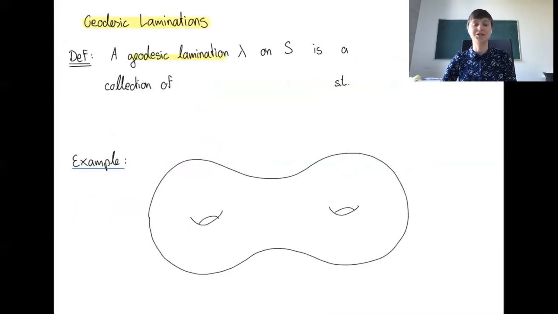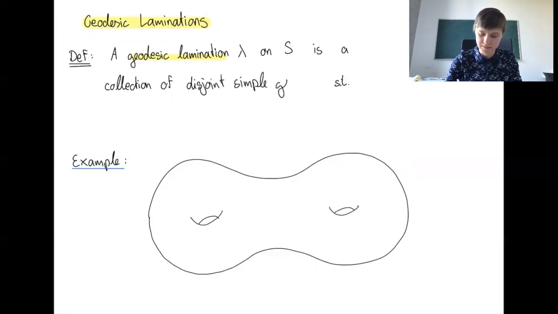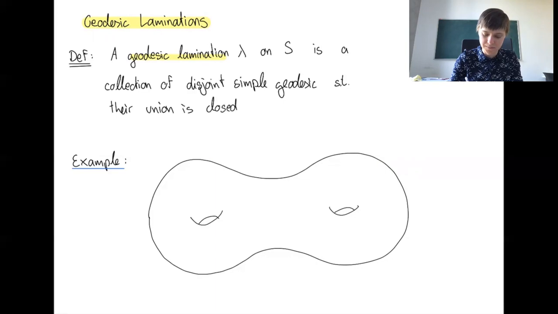A geodesic lamination lambda on S is a collection of disjoint simple geodesics such that their union is closed. Well, look at an example.